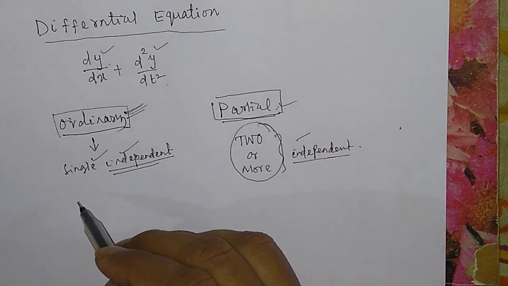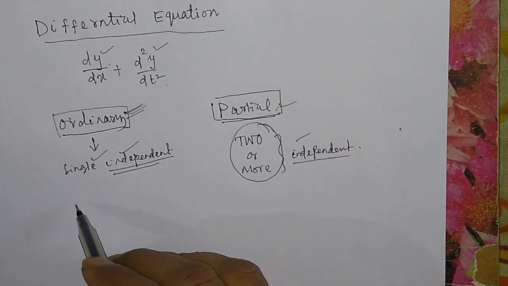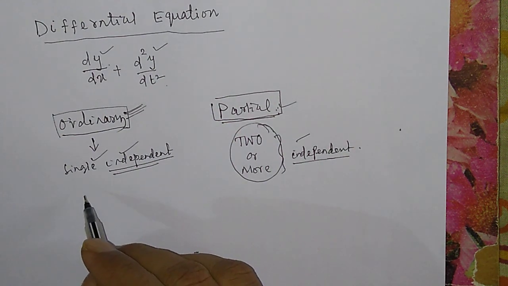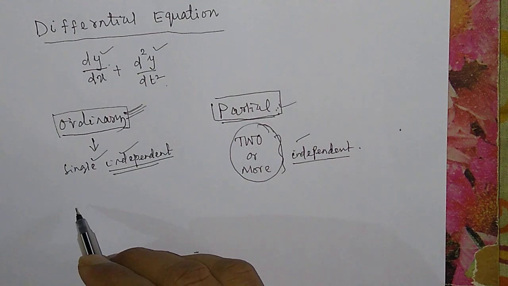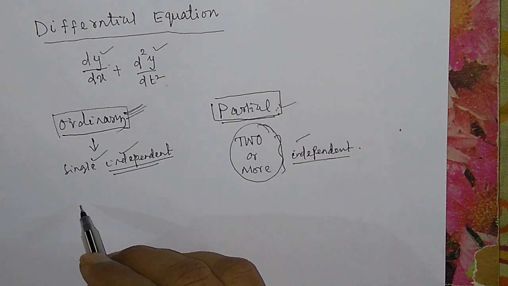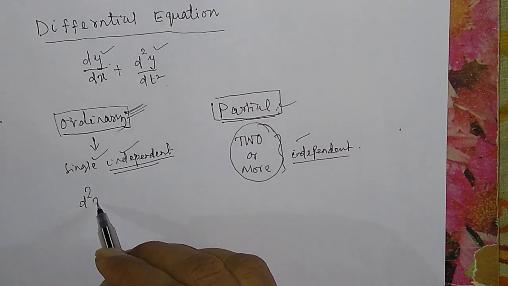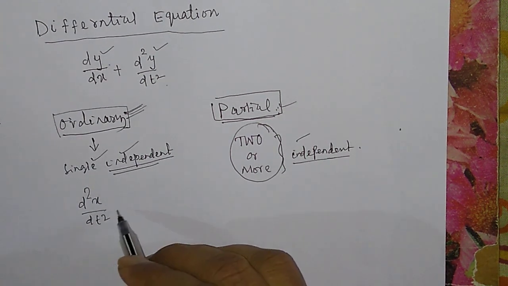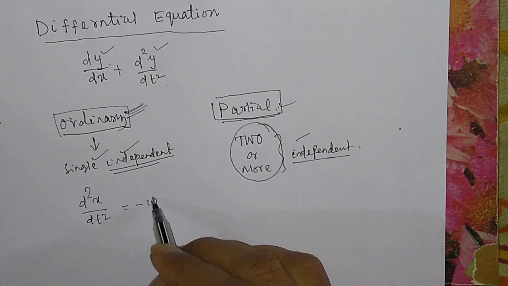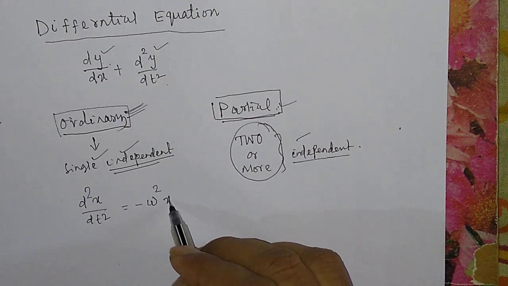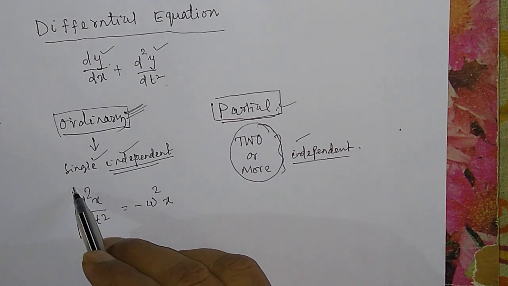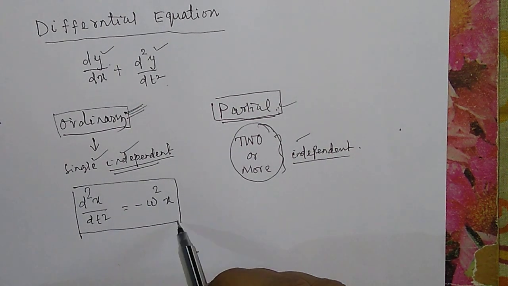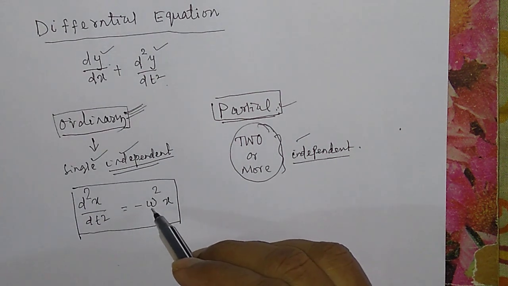One independent variable means, suppose you write the differential equation for simple harmonic motion, the acceleration of simple harmonic motion, how it varies with the displacement. The equation is the second derivative of displacement with respect to t, equal to minus omega square into x. This is the well known differential equation for a body moving in SHM, simple harmonic motion.